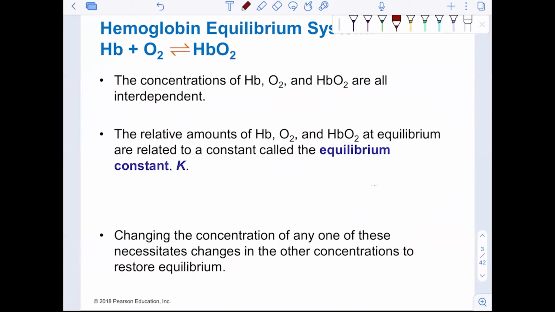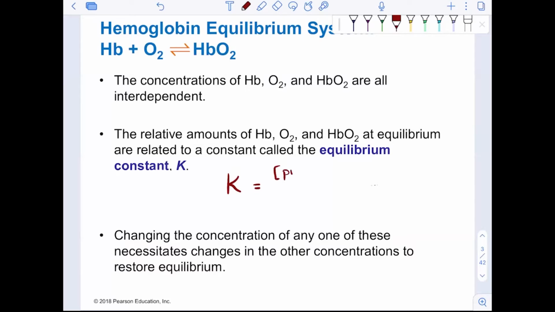A large value of K equals a high concentration of products at equilibrium. That would mean that products were favored. If we had a low equilibrium constant K, a small value, that would indicate a high concentration of reactants at equilibrium.